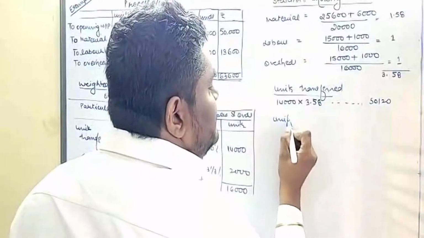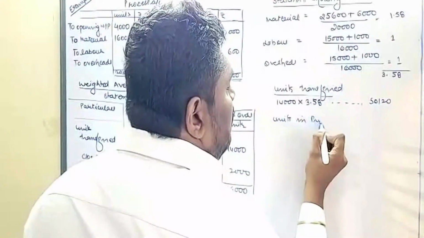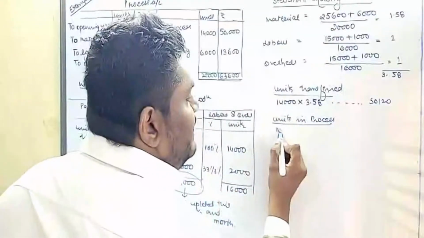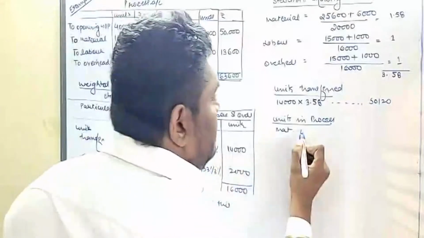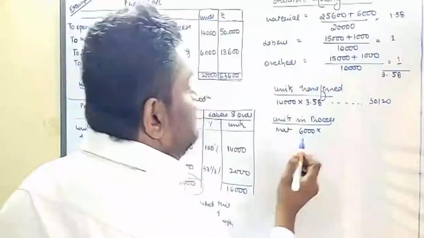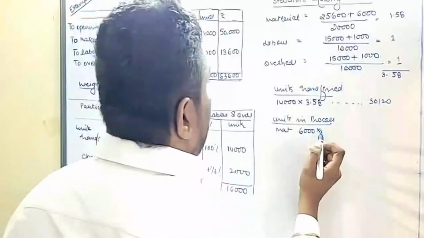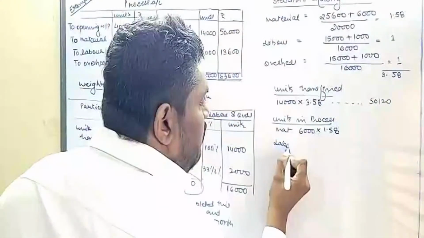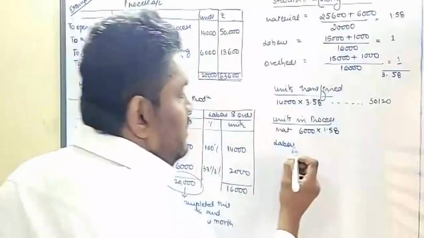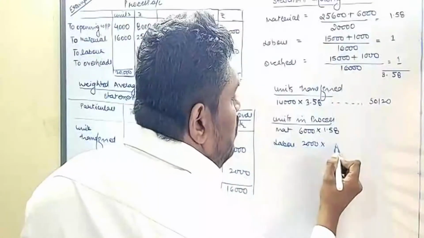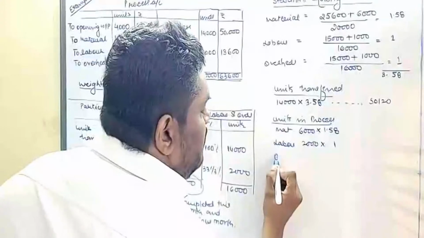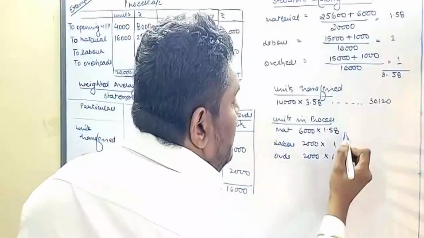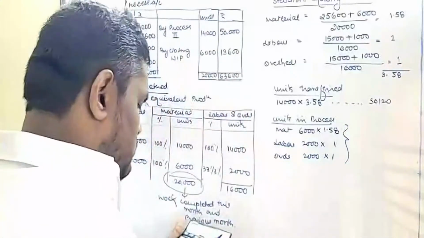And units in process. In the same way, we will calculate: material is 6,000, so 6,000 into 1.58. Labor is 2,000, 2,000 into the cost as calculated, which is 1. And overheads also 2,000 into 1.